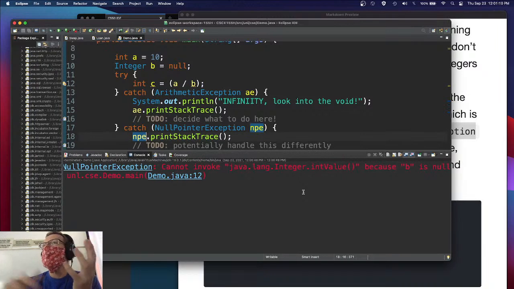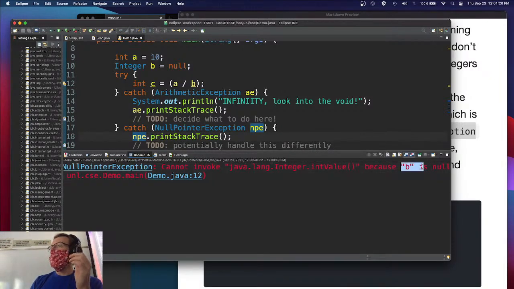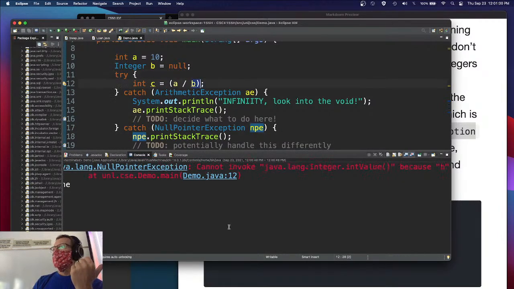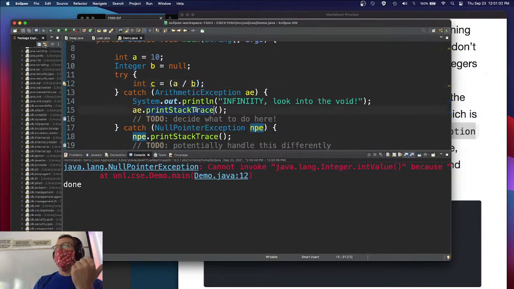And so you had to go into debug mode and find out. Oh, it was the third argument that was null. In Java 14, they updated this so that it actually explicitly tells you what was null, rather than something was null, right? Okay, now it's B was null, right? The denominator here. So printing the stack trace can help.